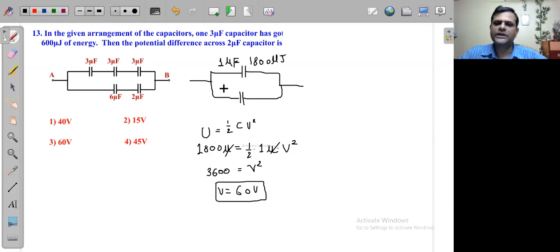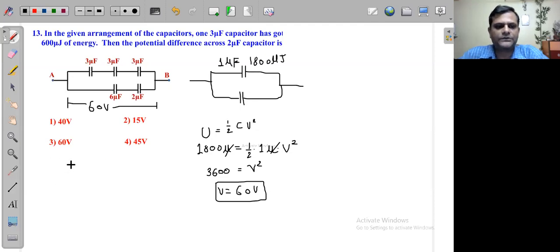But since these two branches are in parallel, that means in this branch also the potential difference must be 60 volt only. And once we get the potential difference across this whole combination, इस पूरे combination के अंदर का potential difference हमको मिल गया है. Now we can find the voltage across each of these capacitors very easily by using the potential divider formula, which we have already learned in the theory.